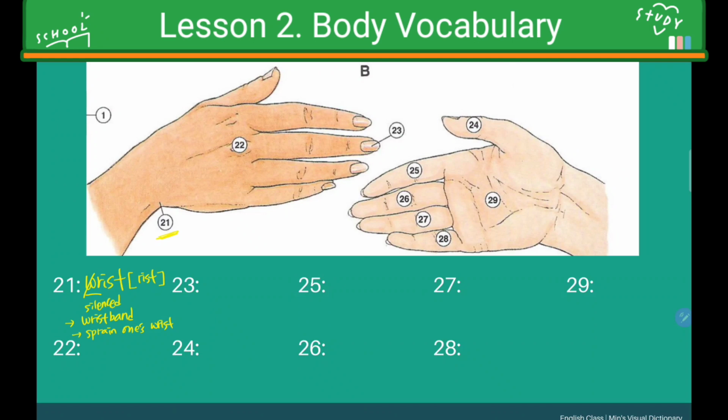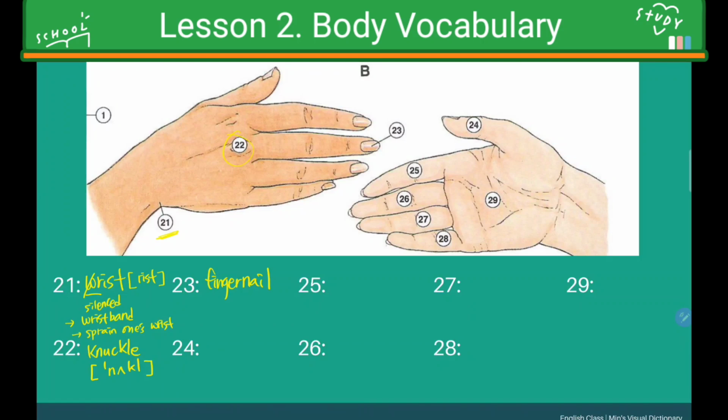And number 22 is, so we have another case of KN put together. So K is silenced and it's knuckle. Knuckle. Like that. Right there. And number 23, we have fingernail.